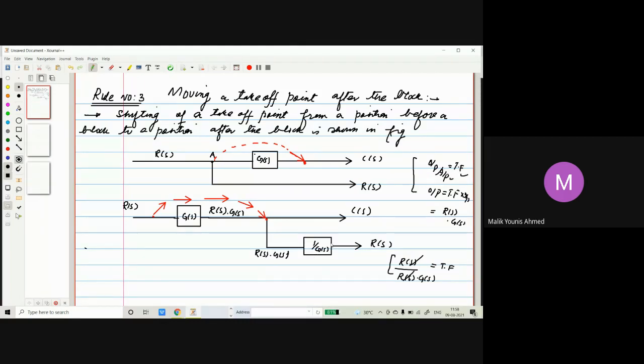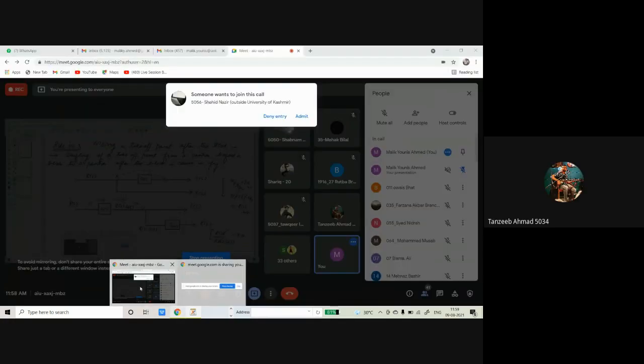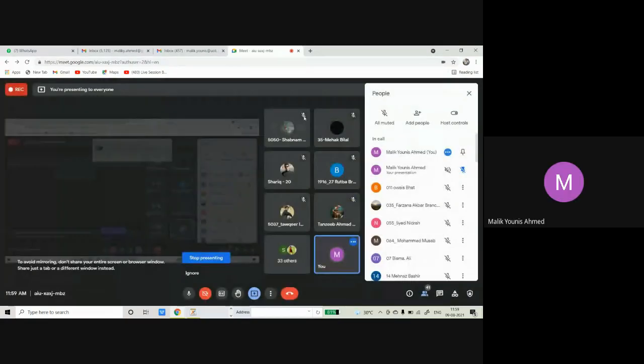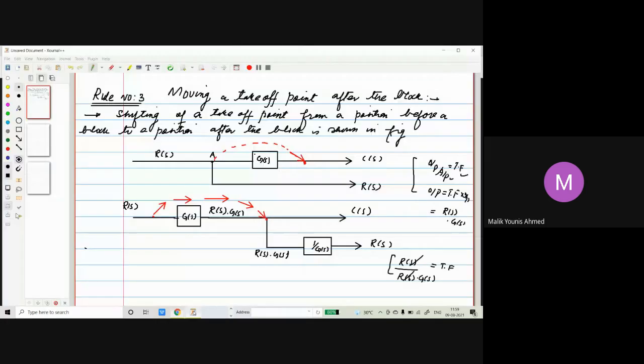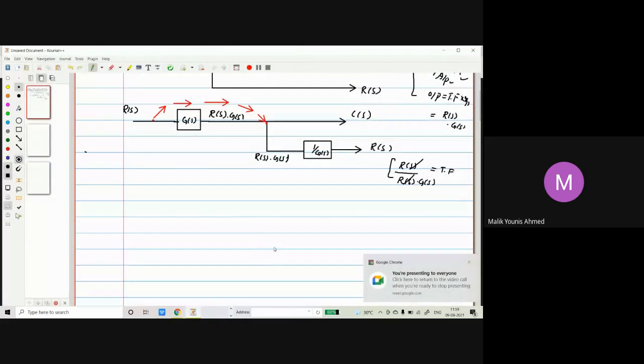I hope this is clear. Tanzib? Clear, sir, clear. If anybody has a doubt in this case, you can raise this query, then I will move ahead.